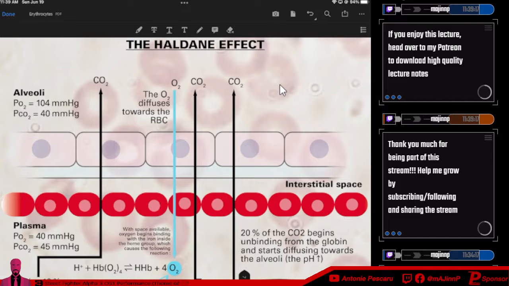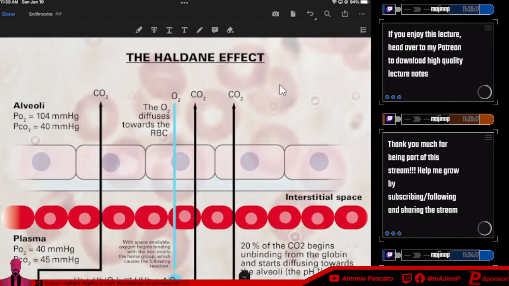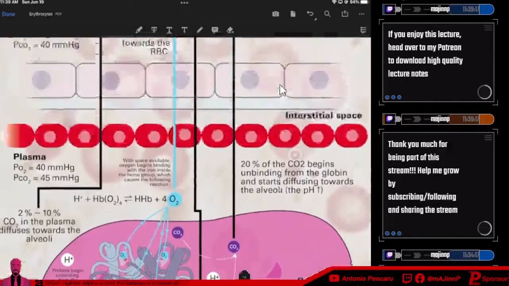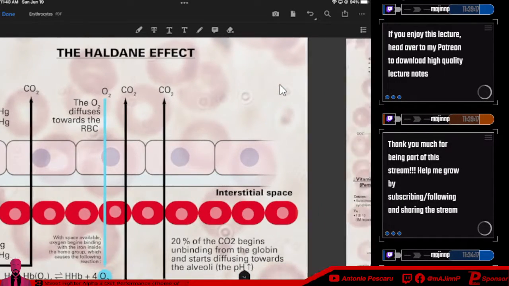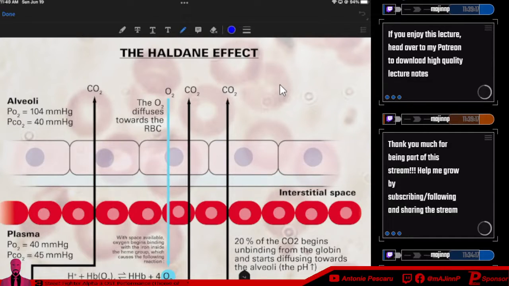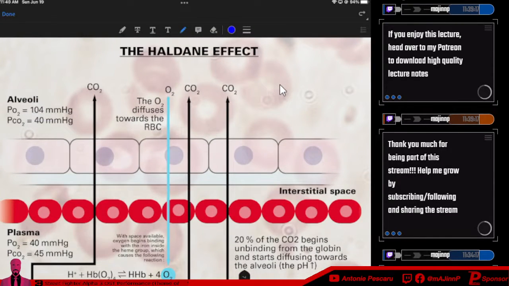The Haldane effect is more prominent inside of the alveoli. The Haldane effect means where the O2 binds onto the heme group, and the CO2 leaves the red blood cell back into the alveoli. When you breathe, you take in air, and some of that air has oxygen in it.